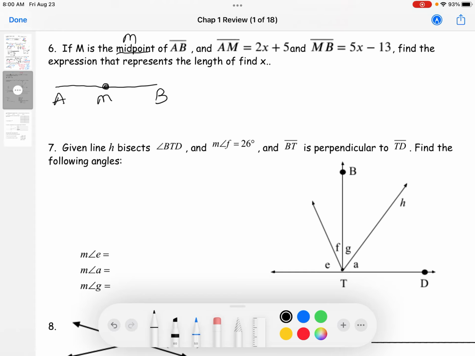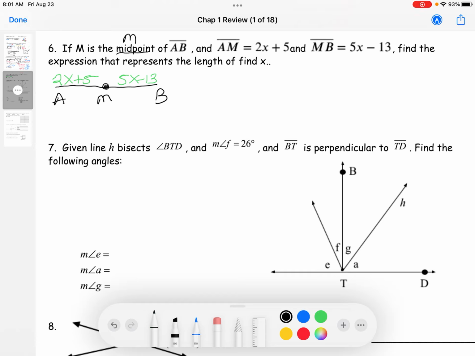Okay, AM is 2x plus 5. MB is 5x minus 13. Okay, and so since these are equal to each other, unlike the previous one where we had one of the halves missing, this has both halves.